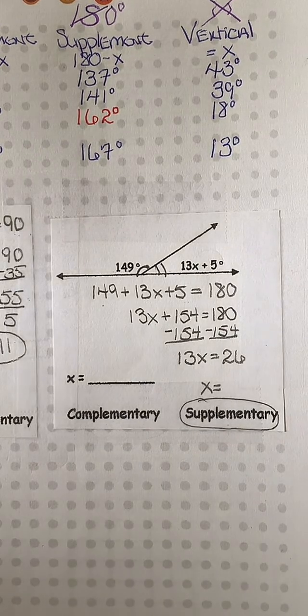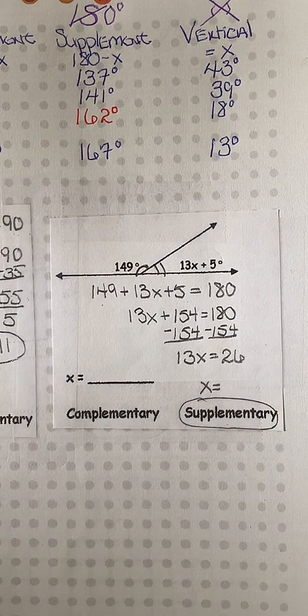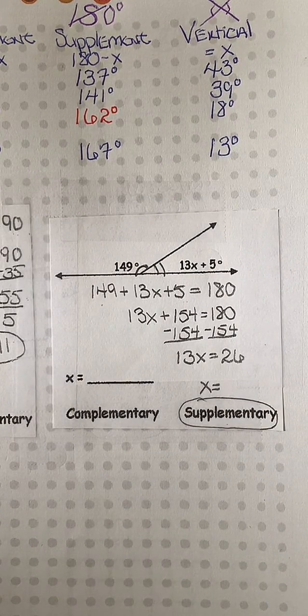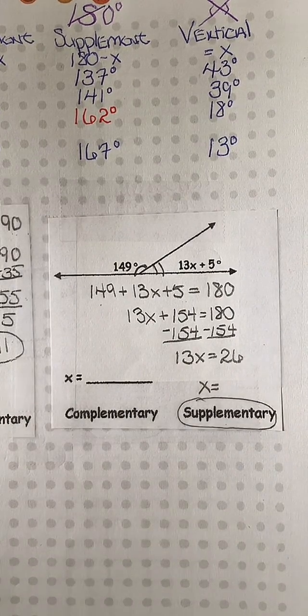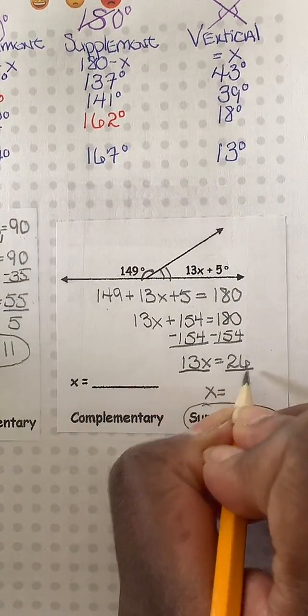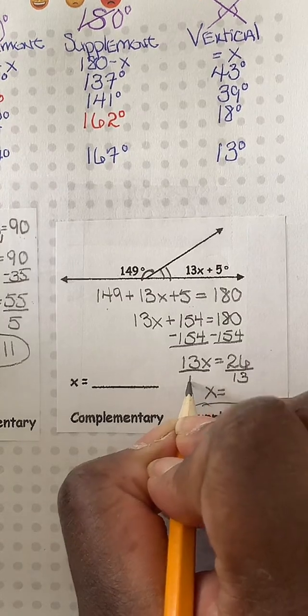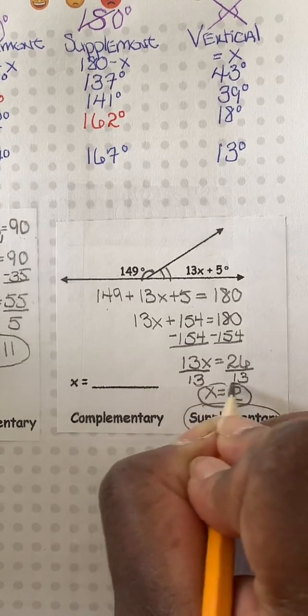What will x equal? Go ahead and put that. Okay. So I see 2, I see 2, I see 2, I see 2. Yes, it is 2. Because if I divide both sides by 13, I will get x equals 2.